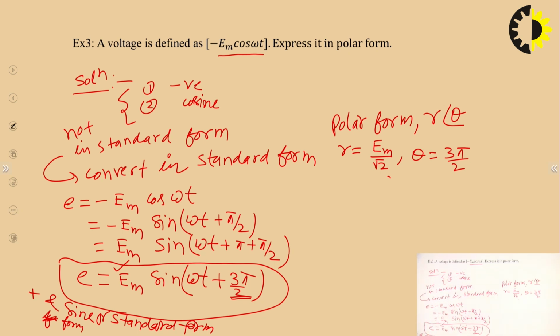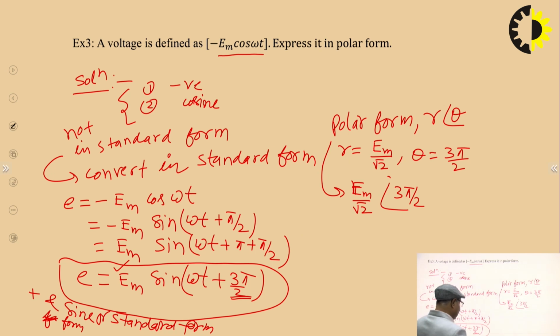So in polar form we can write the quantity as Em by root 2, angle 3 pi by 2. What is the meaning of 3 pi by 2?